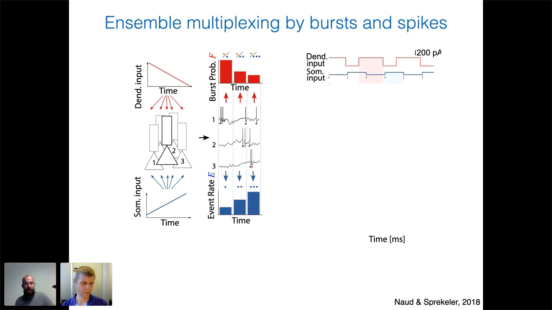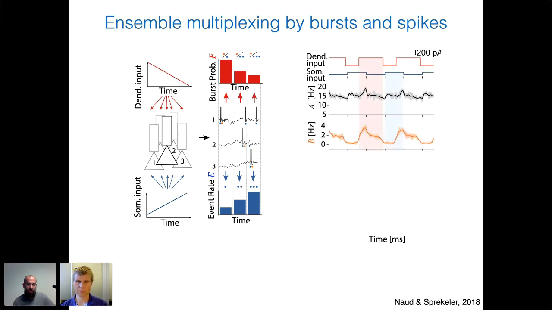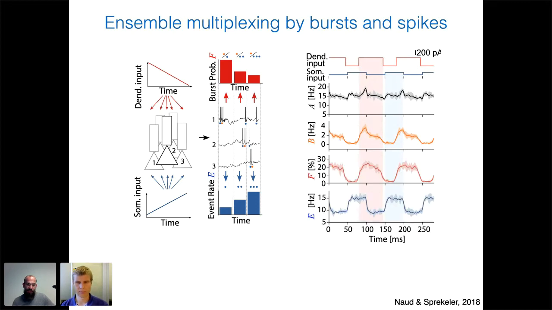And if you simulate that, you see that this idea actually works quite well. This is a stimulus to soma and dendrite that's designed such that these two inputs vary over time, but the overall firing rate of the cell or of the population doesn't vary very much. But if you now resolve things into bursts and events, you see that the event rate here is a very nice mirror image of the somatic input up here.